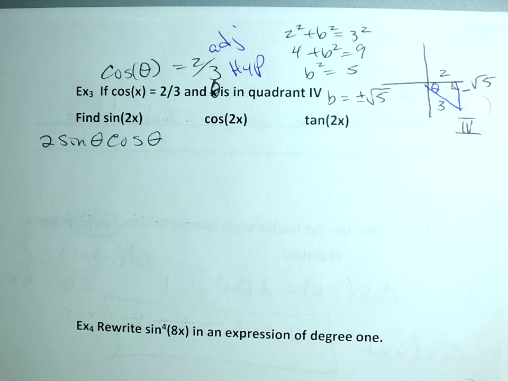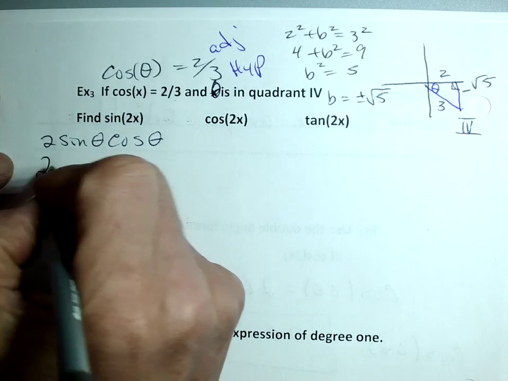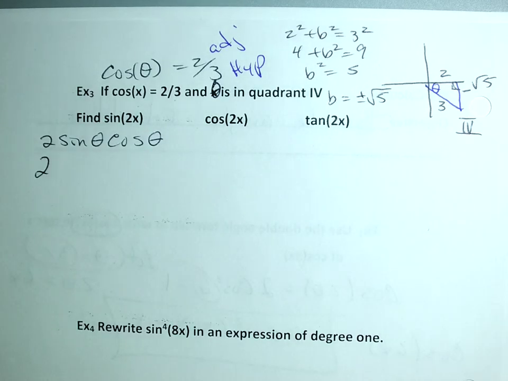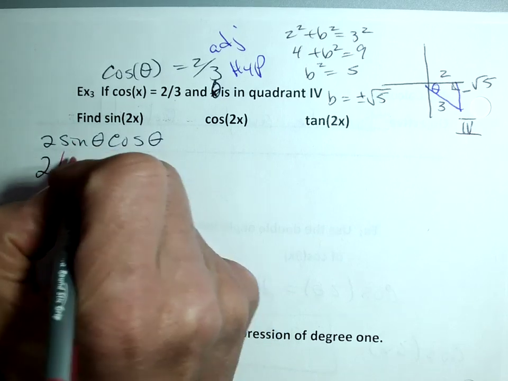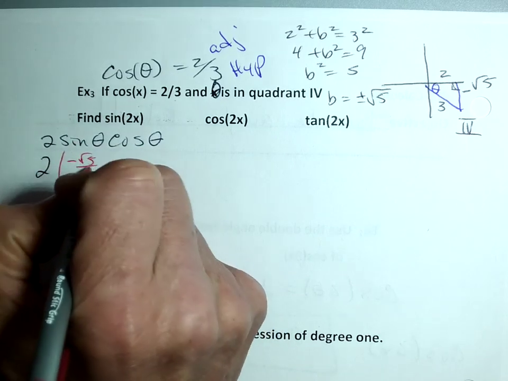What is sine? Sine is opposite over hypotenuse. So instead of writing sine, I'm going to write negative square root of 5 over 3. So I'm going to go 2 times negative square root of 5 over 3.